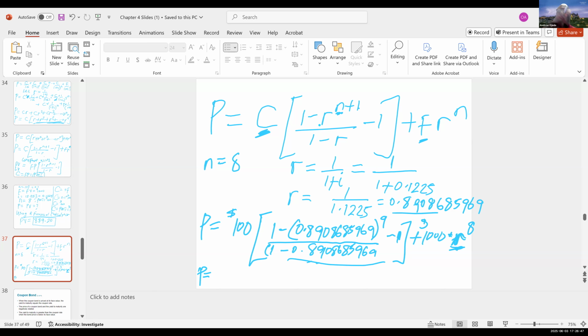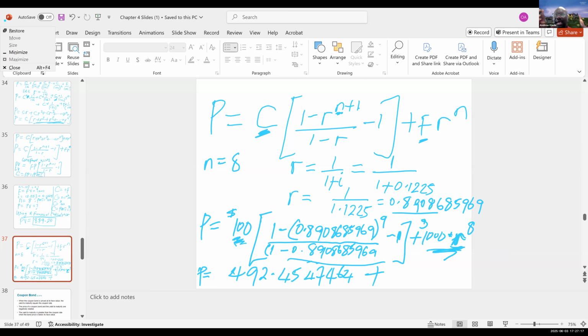Whatever I get in that bracket comes to 4.9245471. Then I multiply it by 100, because the $100 is outside here. That gives me this first part, 492.4547464, and I don't round. Then plus, you do this part.